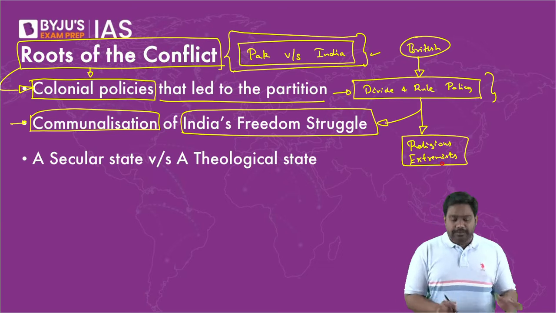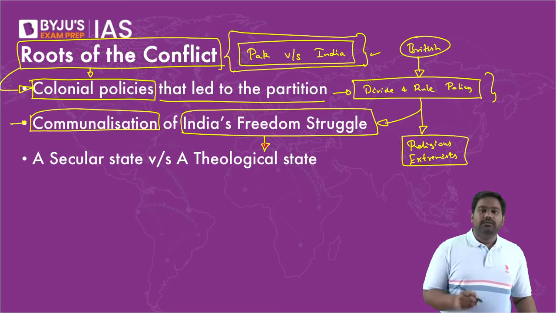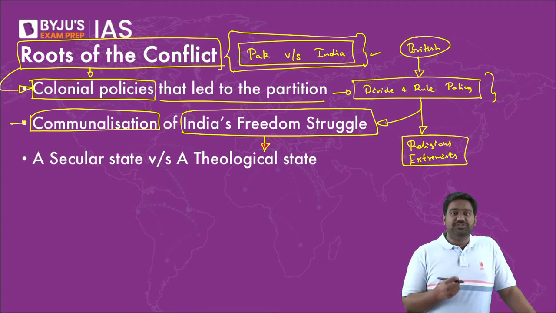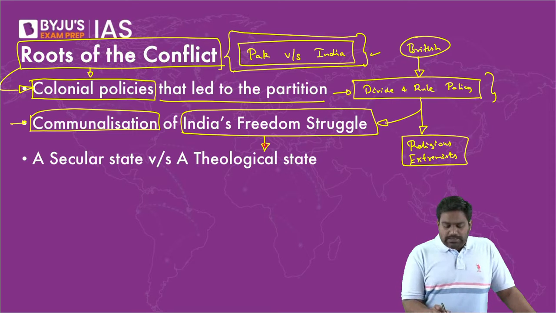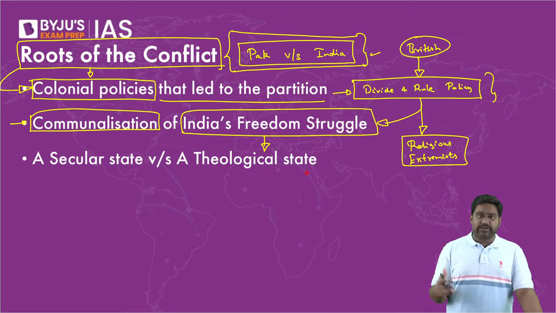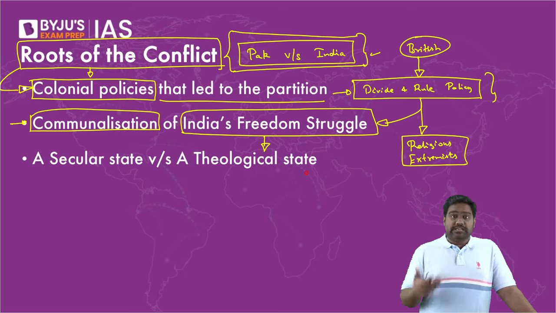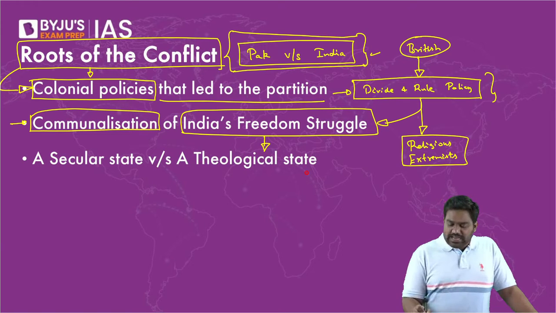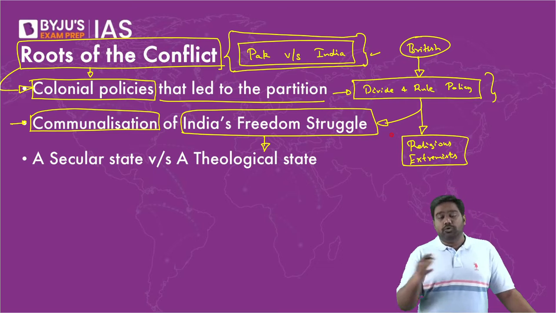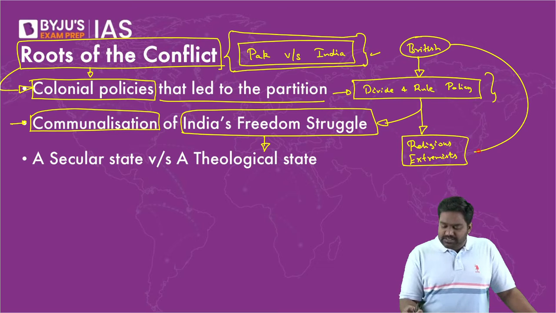In the case of India, the biggest division was the communal division, between Hindus and Muslims. Even though India's freedom struggle was largely secular, inherently secular, a united freedom struggle, there was a strong communal angle added by the religious extremists on both sides, which was proactively supported by the British.